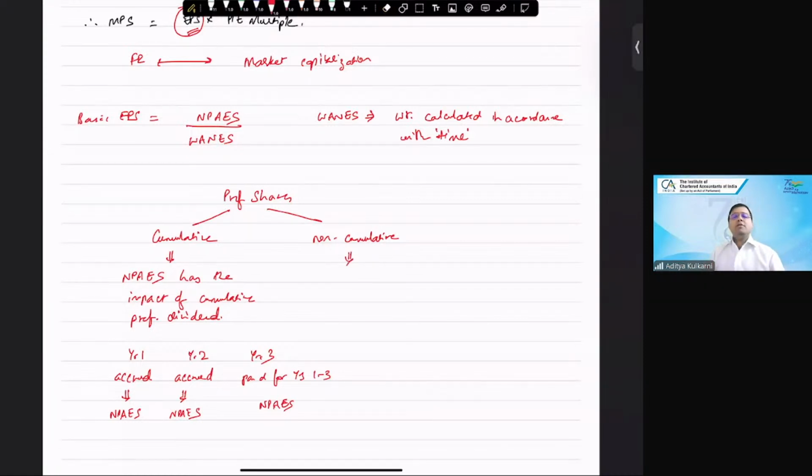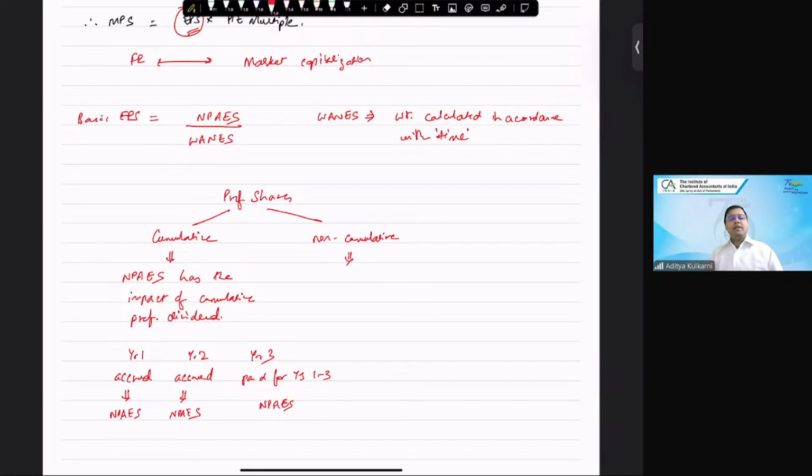Coming to non-cumulative preference dividend. What is non-cumulative? If in 1 year a dividend is not declared, it will not be paid also. The dividend does not get accumulated. Depending on management's discretion, if they feel that we have to pay a dividend, they will pay.